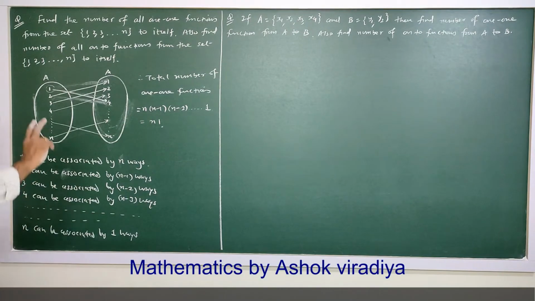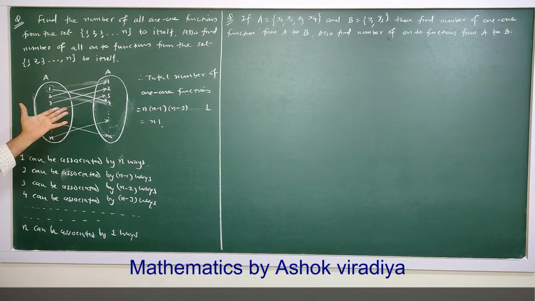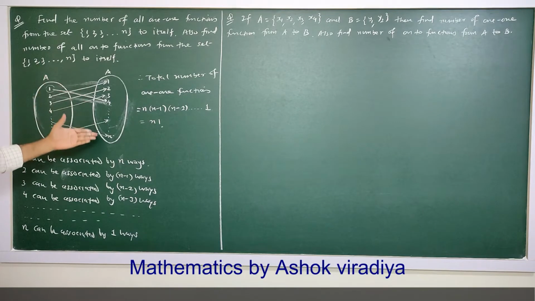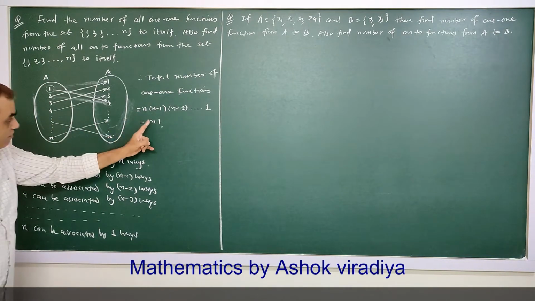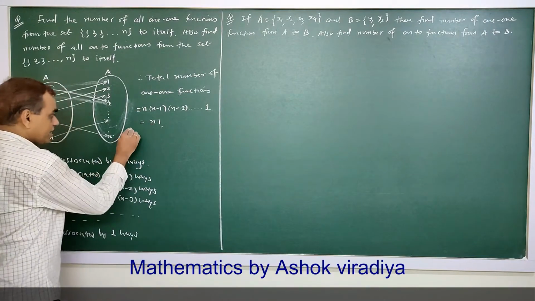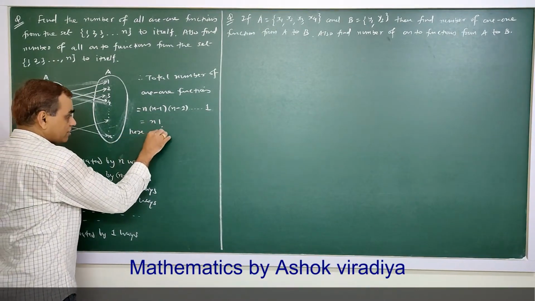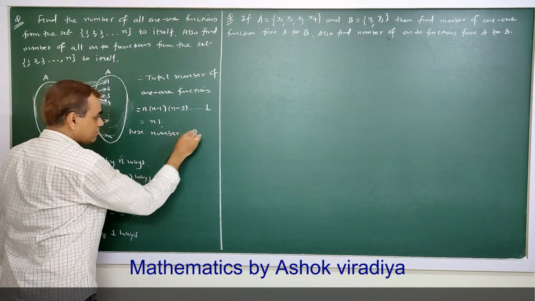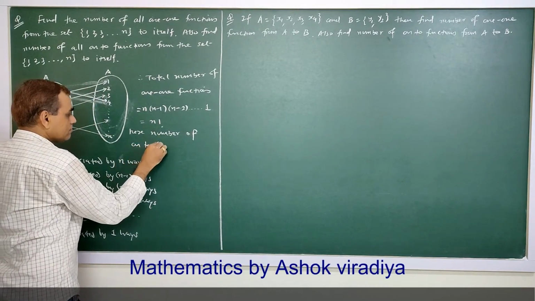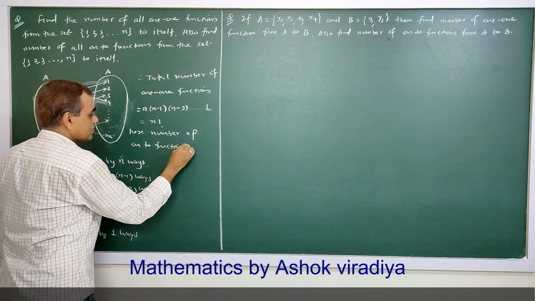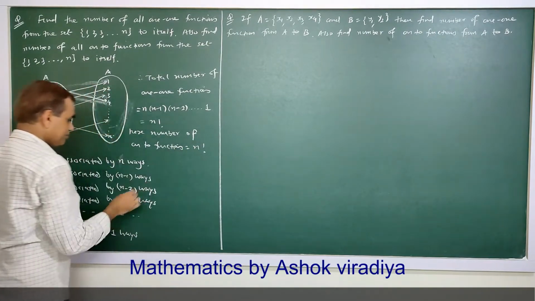And here it is clear that for onto functions also it is the same procedure, because here the number of elements in the domain is the same, so the number of onto functions is also the same.